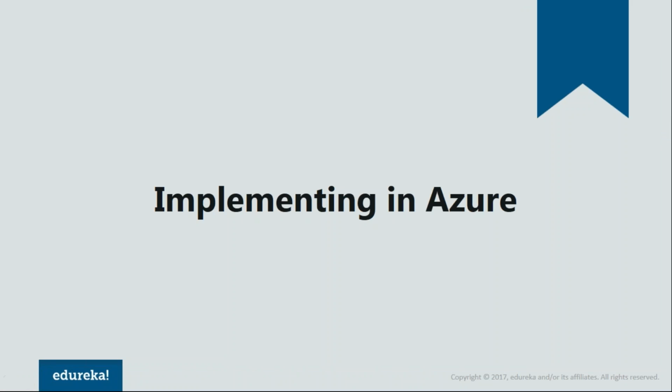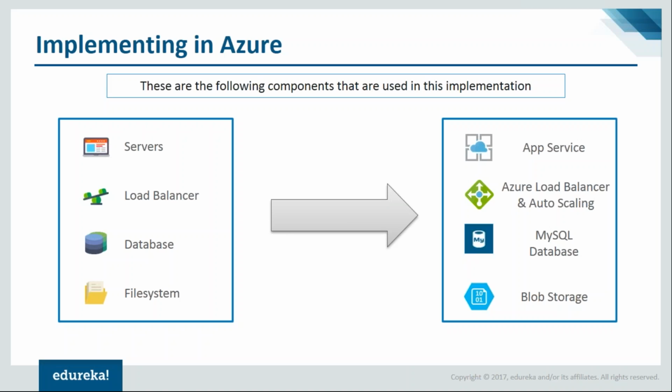So let's try to implement this architecture in Azure now. So we understood how we can actually architect this use case in a general way, right? Let's see how we can implement it in the Azure environment. In the Azure environment, the servers are provided by a service called the app service. What is app service?